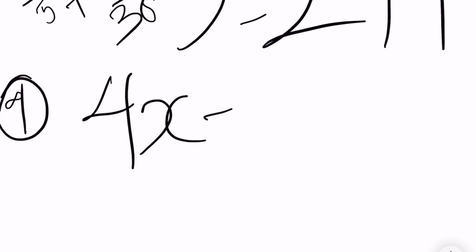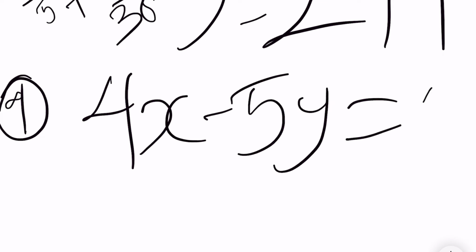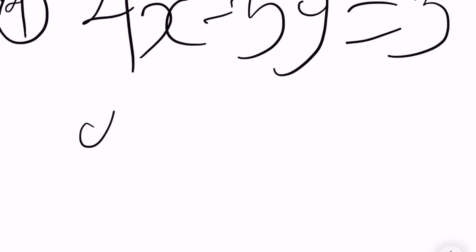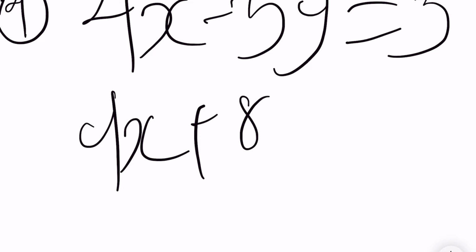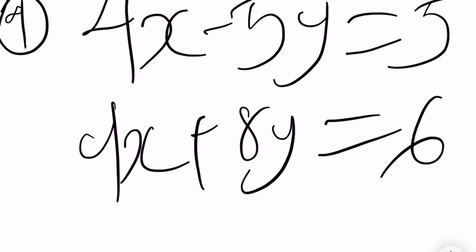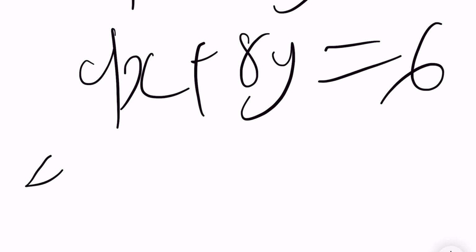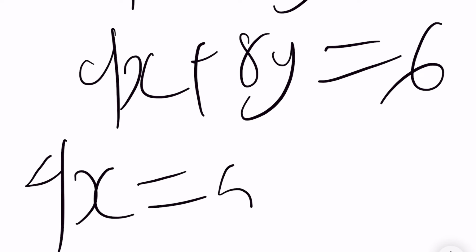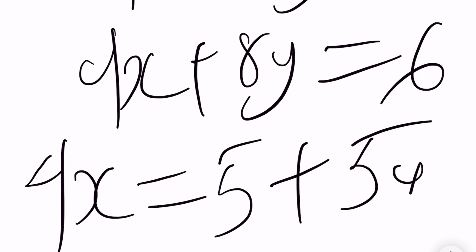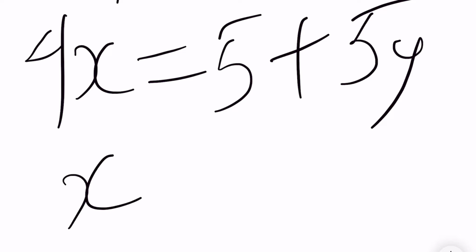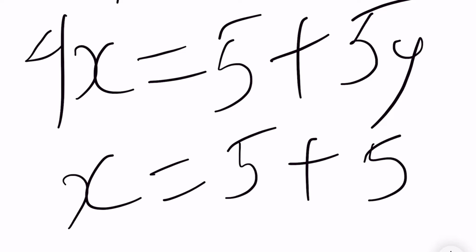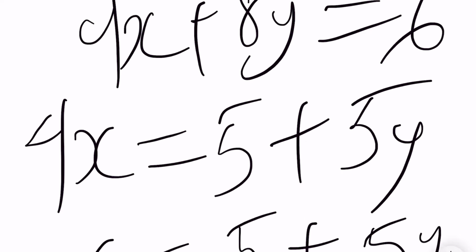Now for the fourth question, we have 4x minus 5y equals 5 and we have 4x plus 8y equals 6. So we have 4x to be 5 plus 5y. We have x to be 5 plus 5y over 4.